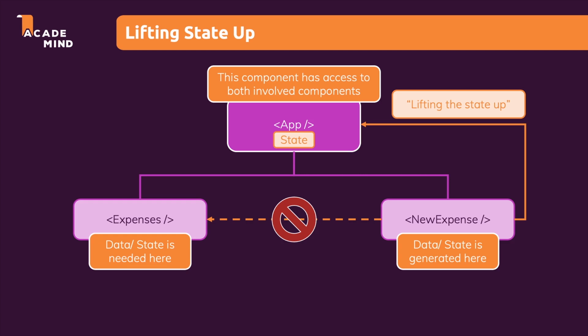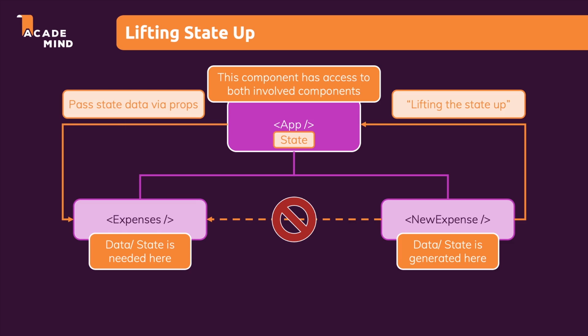We are lifting the state up, we are passing data up to some parent component, because we either need that data directly in the app component, or, as it's the case in our demo application, and as it is quite common, because we then want to pass that data down to another component via props. That's what we did in the last course lecture, and that is an important concept.